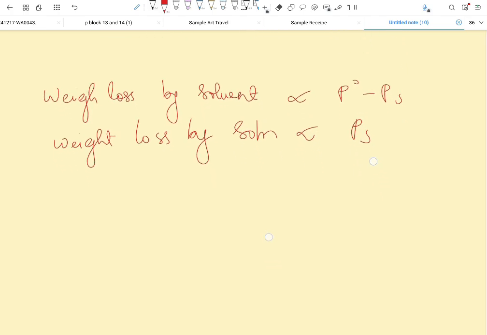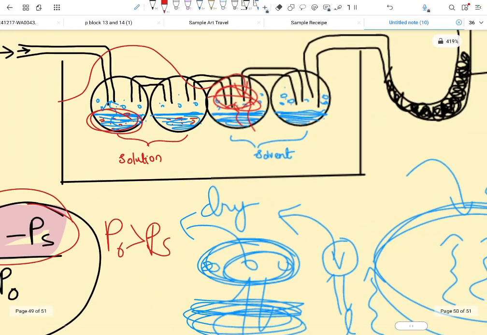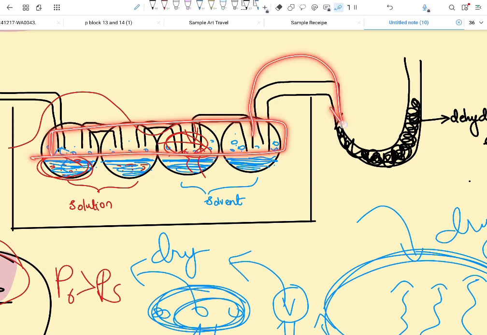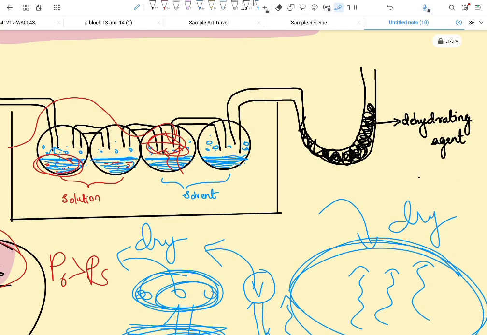After this, all the dry air that got moisturized from these containers is going to pass through the dehydrating agent.